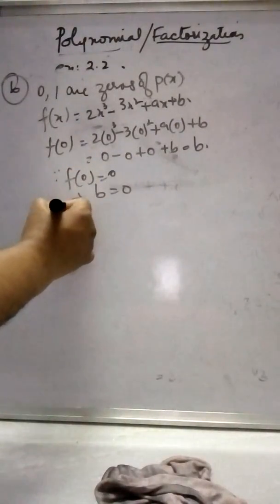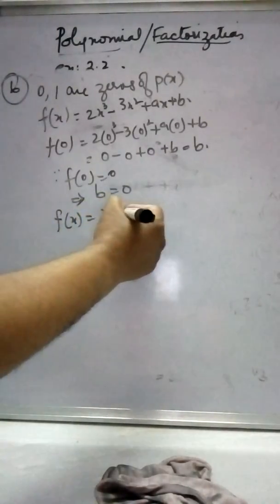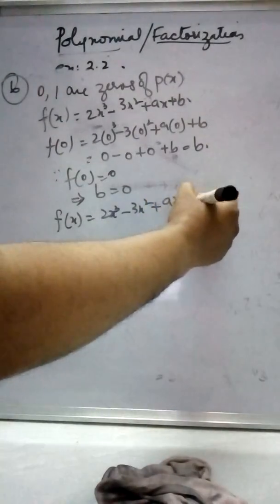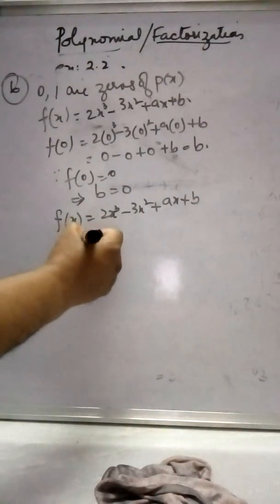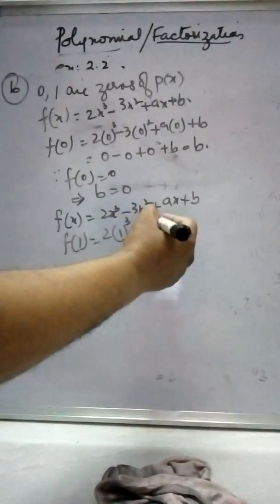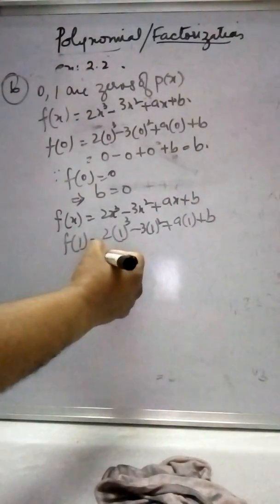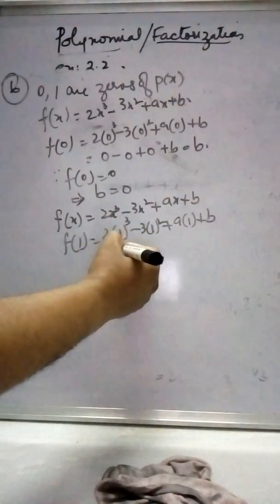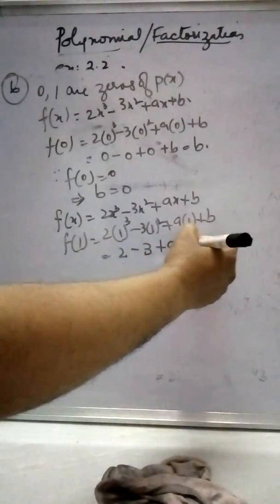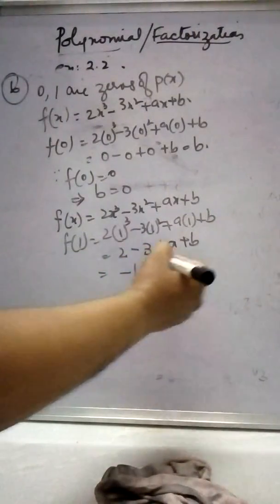Now f of x, write down 2x cube minus 3x square plus ax plus b. So f of 1 is equal to 2 into 1 cube minus 3 into 1 square plus a into 1 plus b. 1 cube means 1 only. So 2 into 1 is 2 minus 3 plus a plus b. This gives me minus 1 plus a plus b.